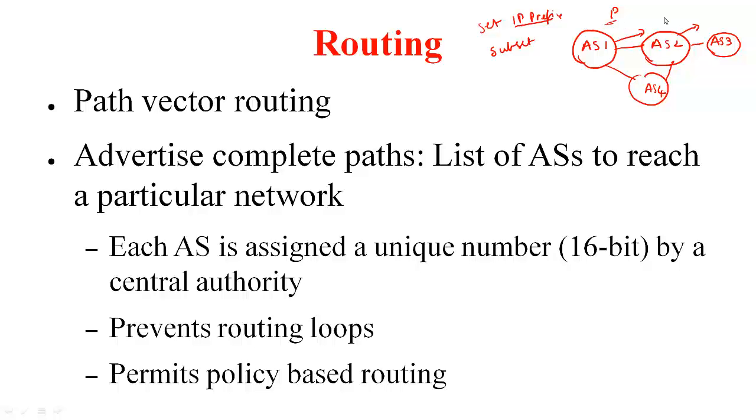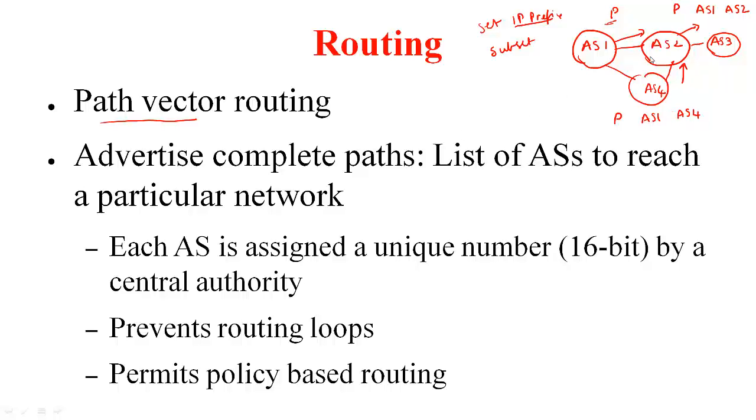Now the routing that is employed as part of this advertisement process is path vector routing, which we briefly mentioned when we covered distance vector. So basically AS2 will advertise: I can reach P via AS1, AS2. Similarly, AS4, when it receives this advertisement, will note that I can reach P via AS1, AS4, and it is going to advertise this.